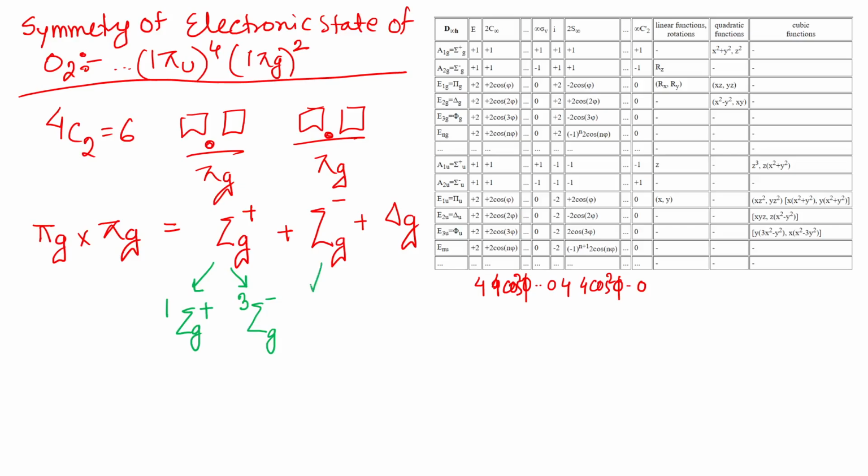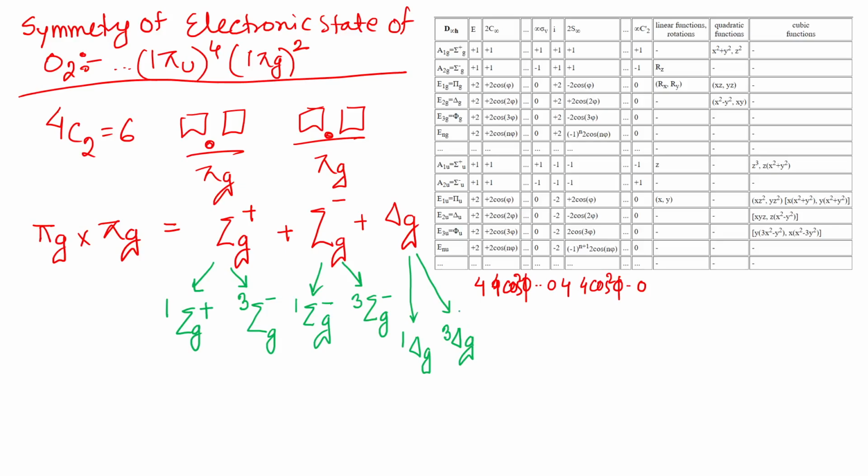Now in these cases where we are discussing two electrons, they can have these kinds of symmetries, singlet or triplet sigma g minus. We don't say one sigma g, we say singlet sigma g. That is one convention I'm trying to follow. So it could be either singlet delta g or triplet delta g, right?